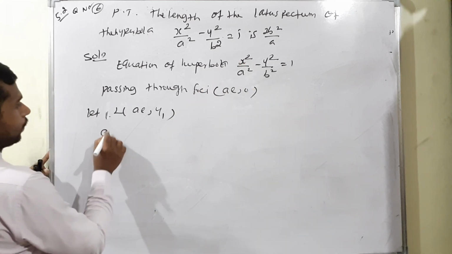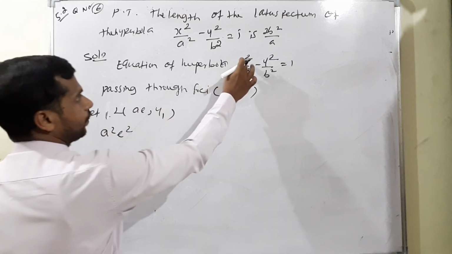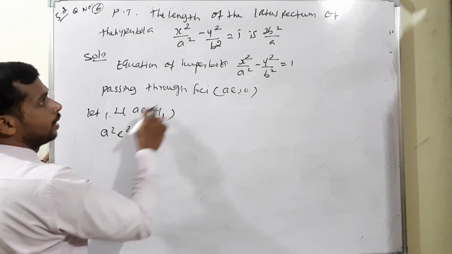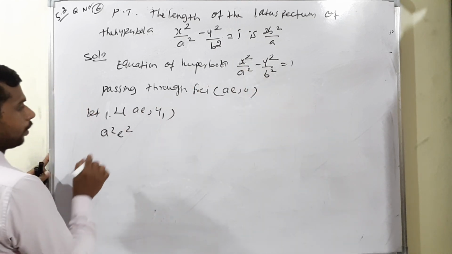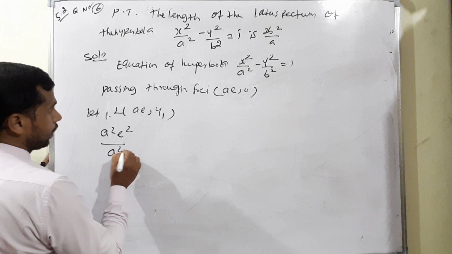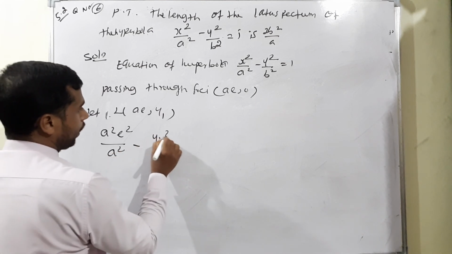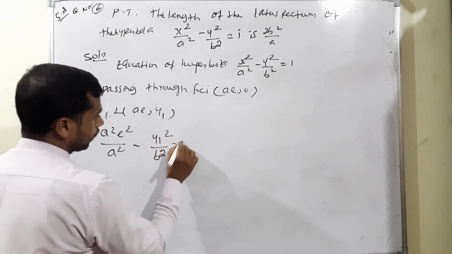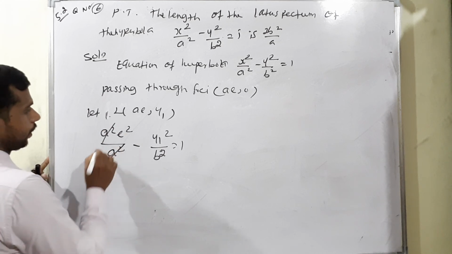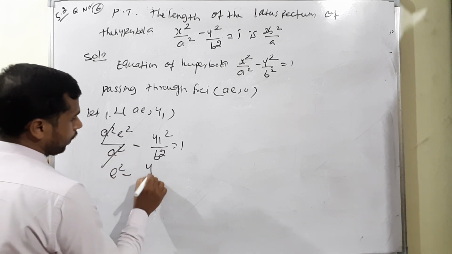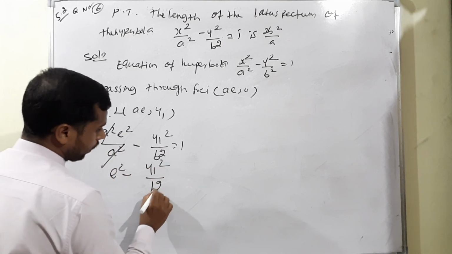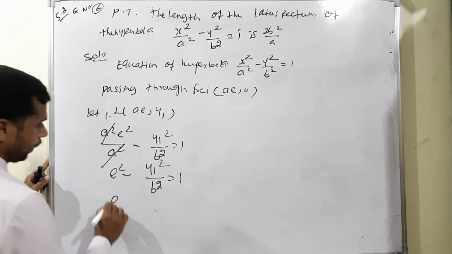What will happen? Instead of x we take ae, instead of y we take y1, so a square e square divided by a square minus y1 square divided by b square is equal to 1. So a square cancels. Therefore, e square minus y1 square divided by b square is equal to 1.